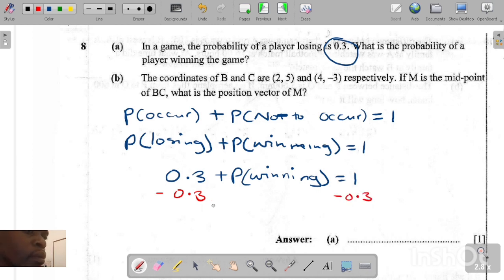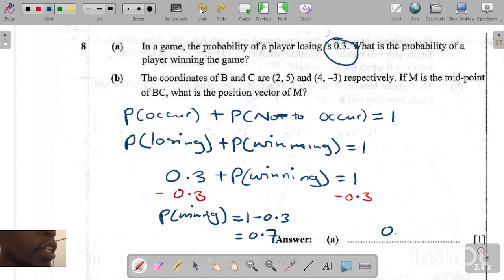Okay, so you now have probability of winning, which is equal to 1 minus 0.3, which is equal to 0.7. So this is the probability of winning.